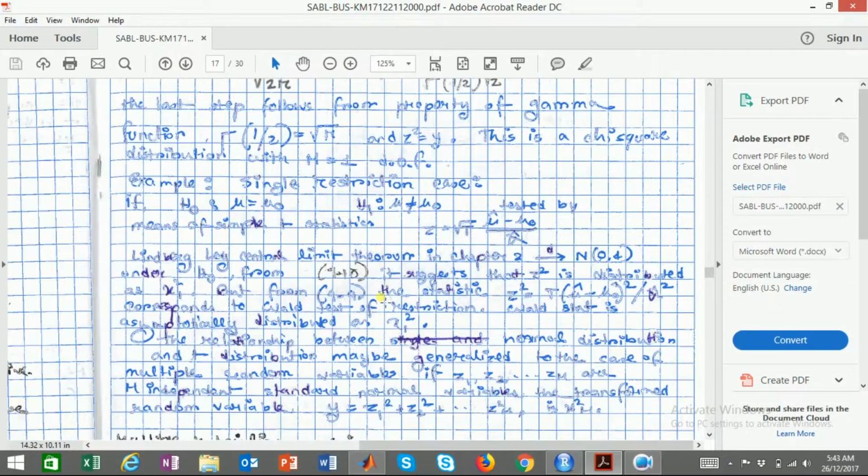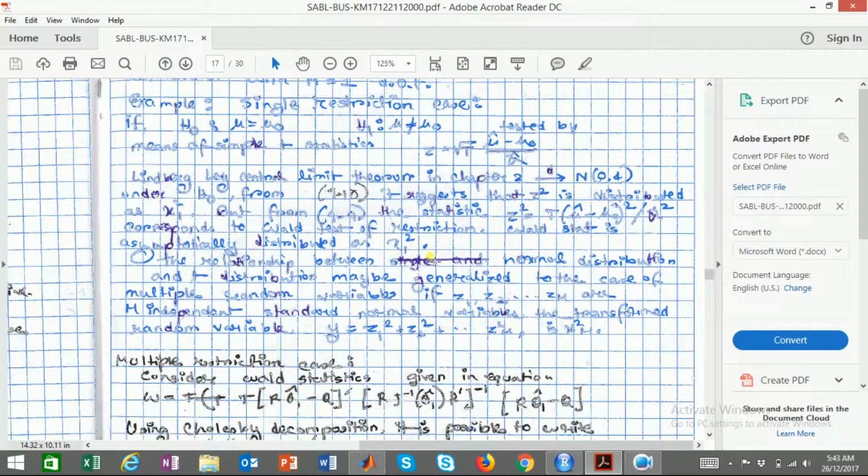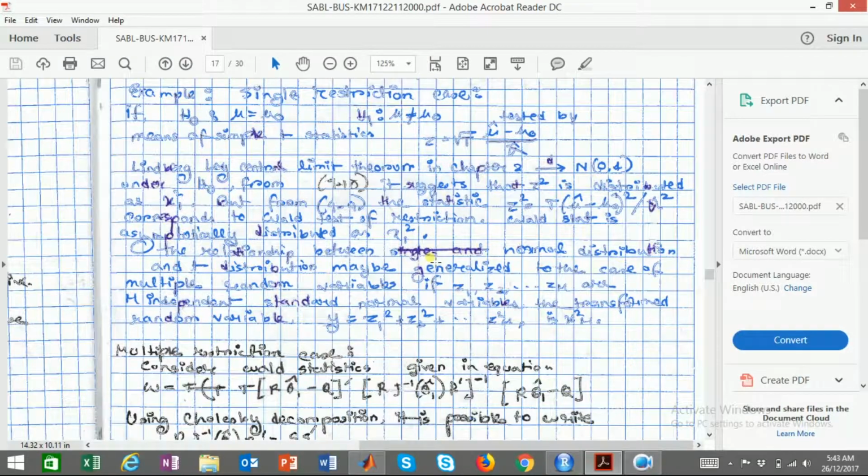For an example, we can use a single restriction case where the null is mu equals mu naught and the alternative is mu not equal to mu naught, tested by means of the sample t statistic, where z is equal to mu hat minus mu naught divided by sigma square, multiplied by root over T. The Lindeberg-Levy central limit theorem in chapter 2 suggests that under the null z square is distributed as chi-square.